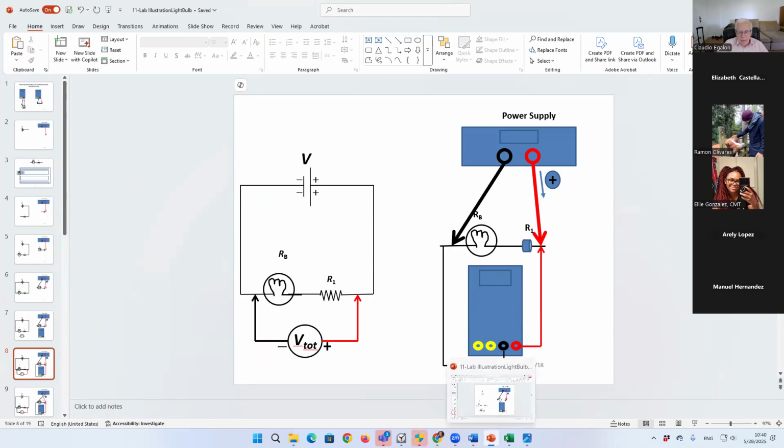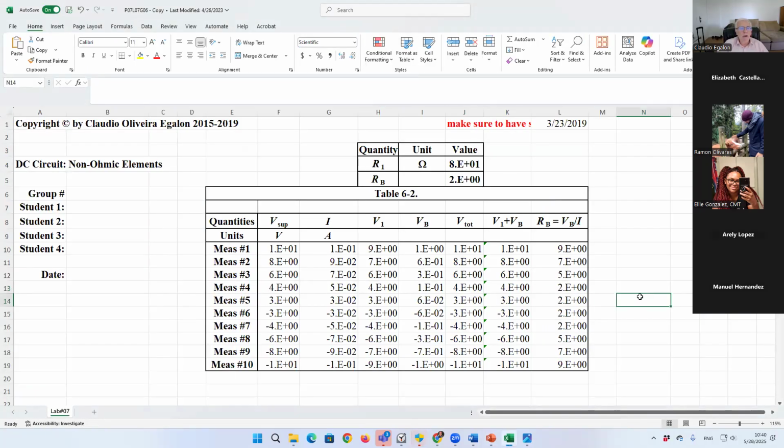And now we're ready to take more measurements, and we can go to the spreadsheet here. The voltage is already set at 10 volts, right? 10 volts, and then let me put it here.